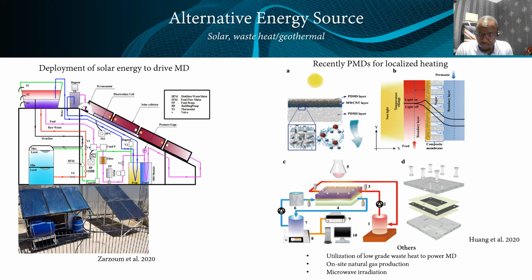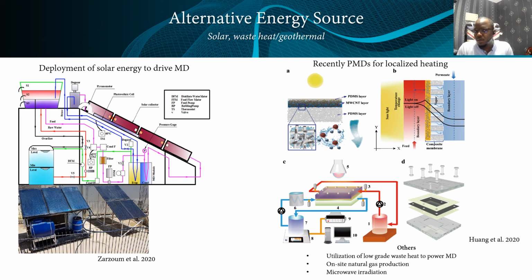And also the researchers have proposed the use of waste heat or geothermal heat from sites, because of the depth of burial of the reservoir, the conditions are usually of high temperature and pressure.